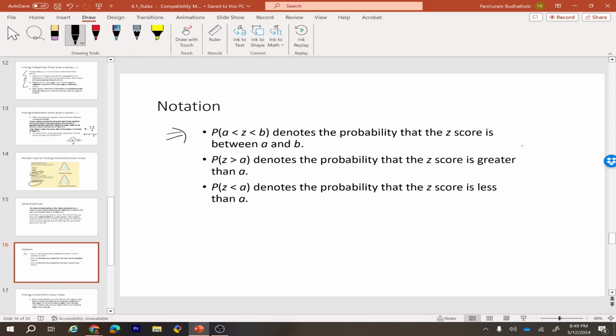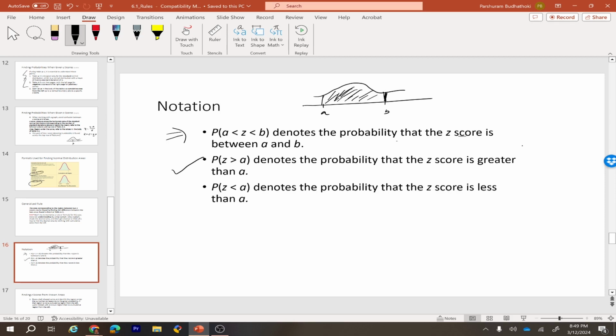The first one is the probability that the z-score is between a and b, meaning if the z-score goes from a to b, what is the probability of that. That can be found by finding the area under the curve from a to b. So that denotes the probability that the z-score is between a and b.